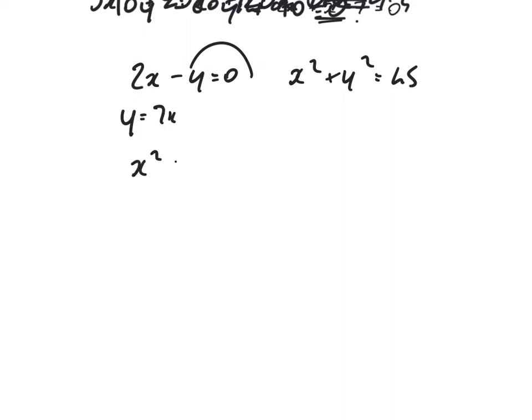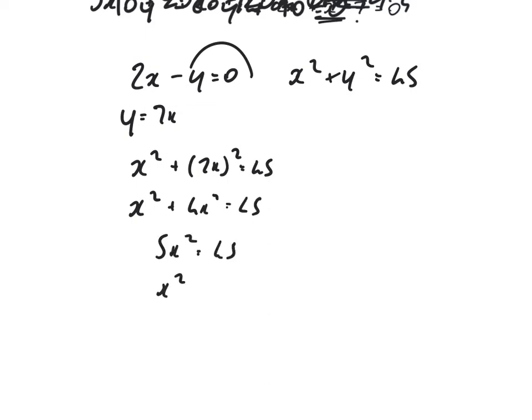I'll then get x squared plus (2x) all squared equals 45. X squared plus 4x squared is equal to 45. 5x squared equals 45. X squared is equal to 45 over 5. X squared is equal to 9. And x equals the square root of 9, which is plus or minus 3.